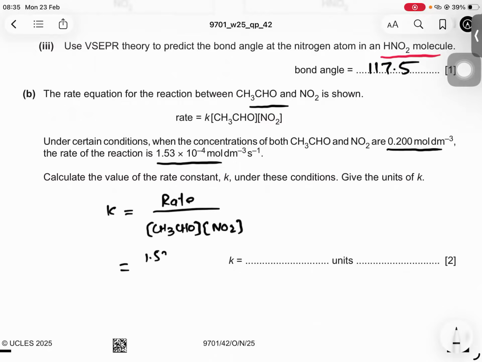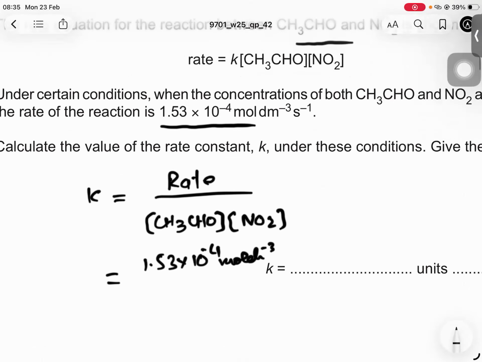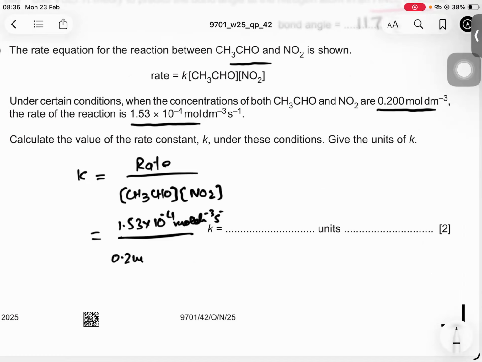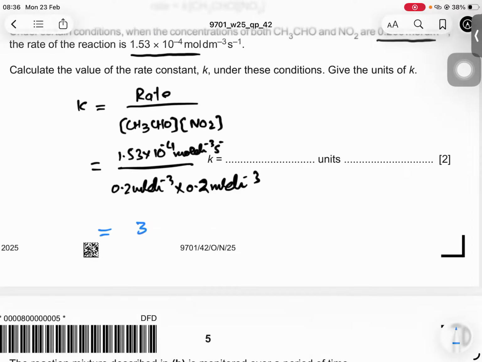Rate is 1.53 times 10 to the power minus 4, and the unit is mole per dm cube per second, divided by 0.2 mole per dm cube into 0.2 mole per dm cube. Okay, now if I calculate, the value comes to 3.83 times 10 to the power minus 3.